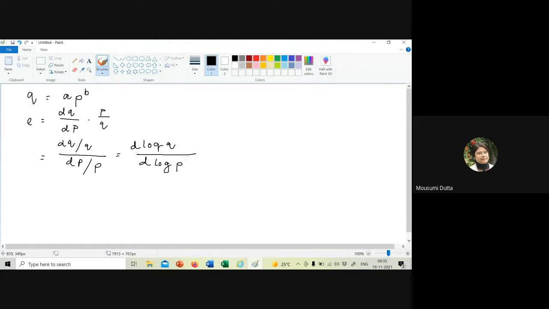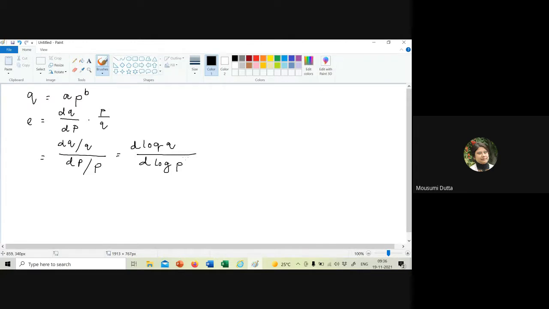Can we write it in this way? Everybody is understanding this? dQ by Q divided by dP by P can also be written as d log Q by d log P. Okay, so this is another alternative. This formula also you may apply: d log Q by d log P.